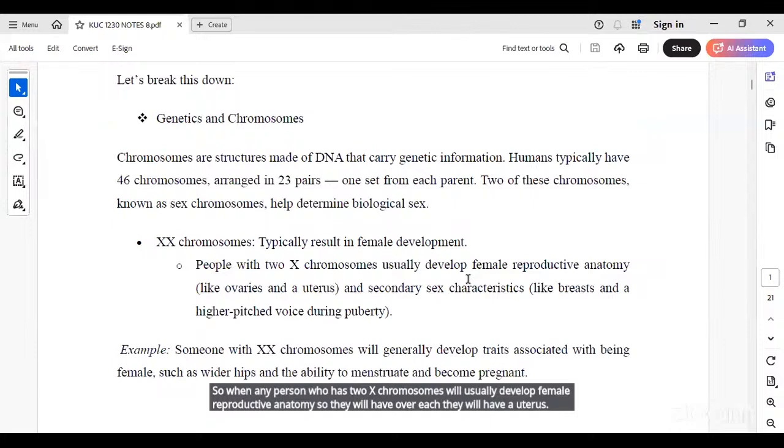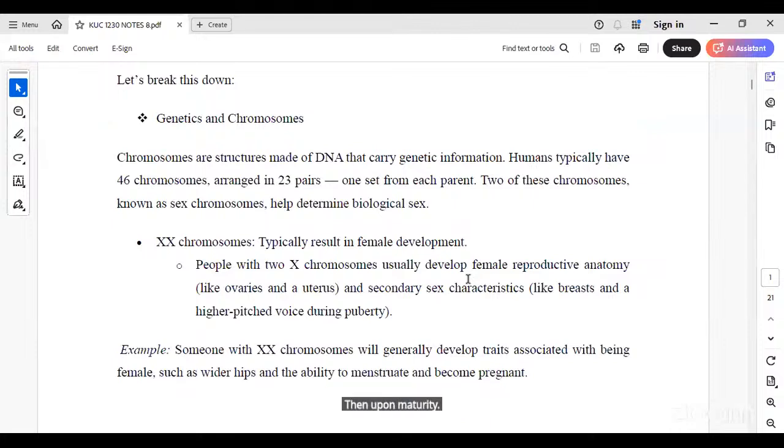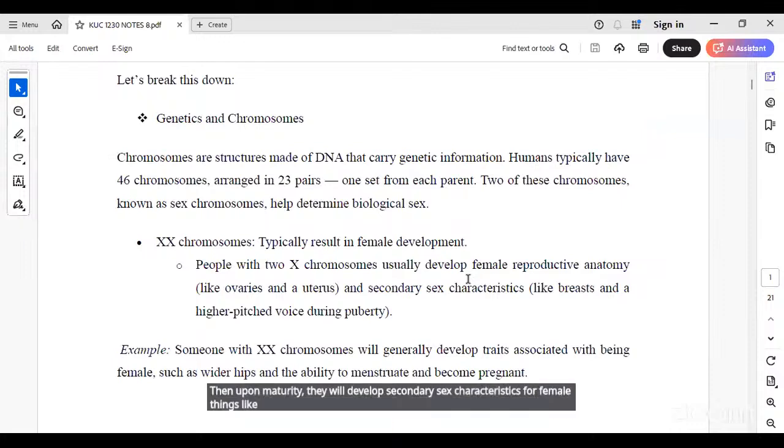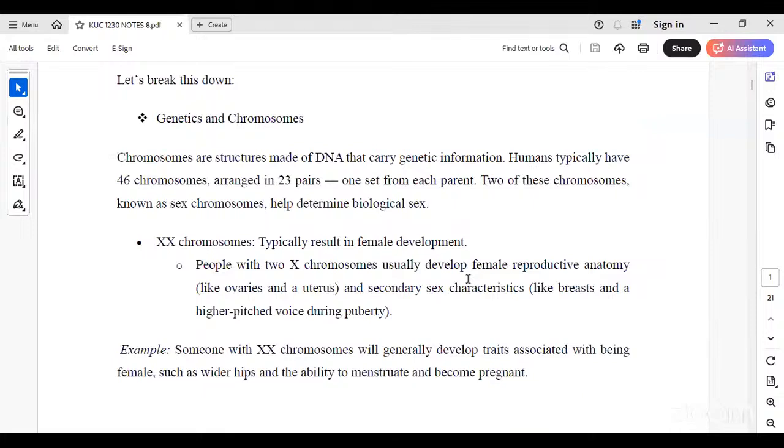Then upon maturity, they will develop secondary sex characteristics for female. So things like development of breasts, having a higher pitched voice. Okay. So anyone with two X chromosomes will generally develop traits that are associated with being female.